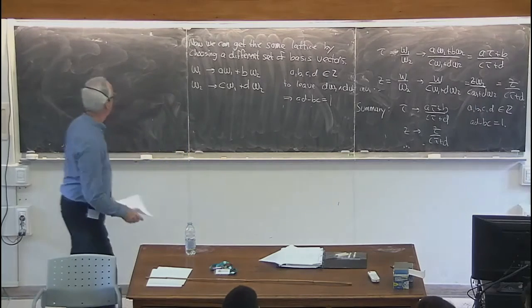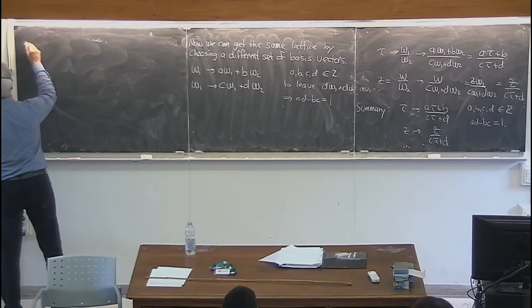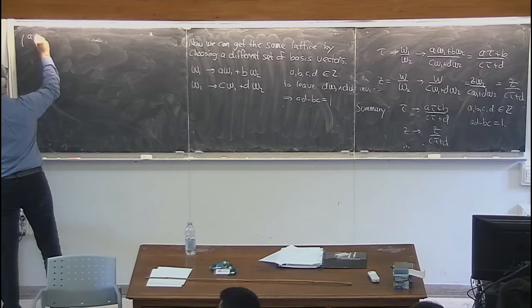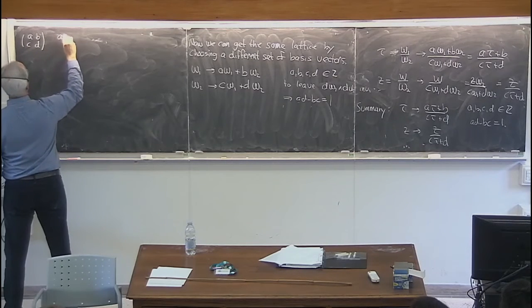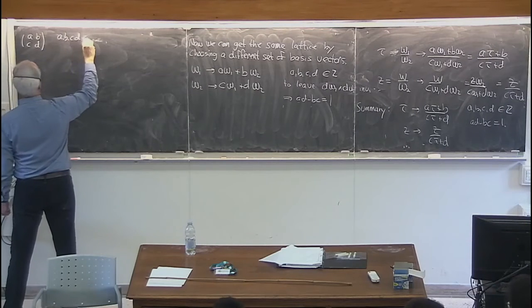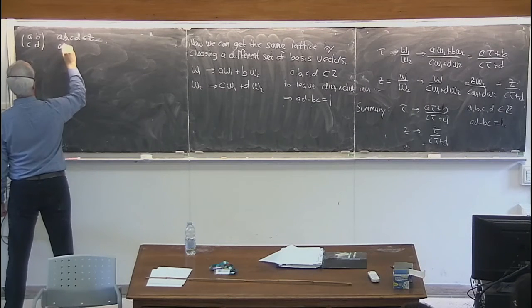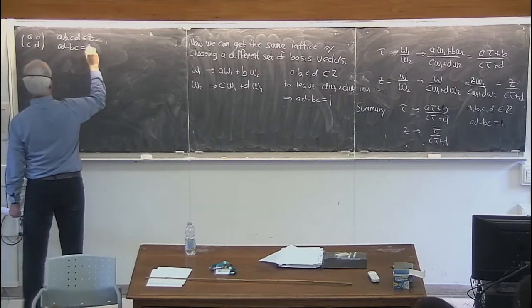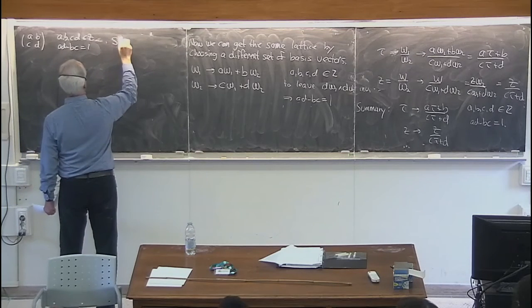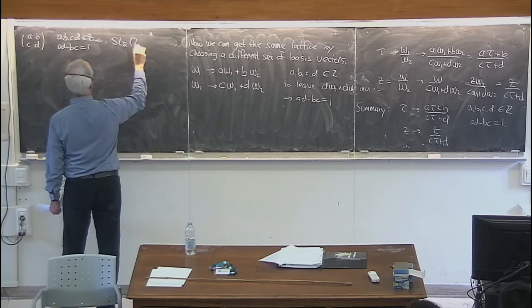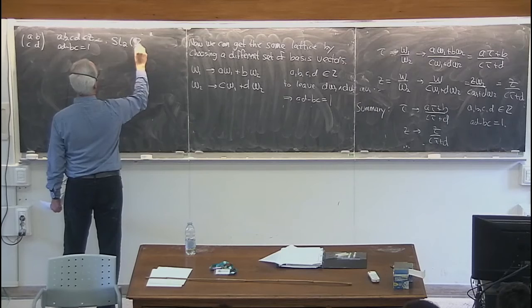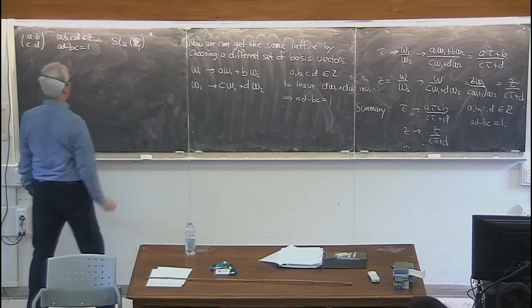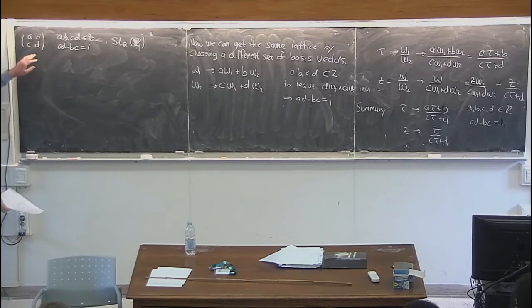So this group of transformations, A, B, C, D, integers with AD minus BC equals 1, is called the group SL(2,Z), meaning it has integer entries, 2 by 2 matrices, and the S means that the determinant is 1, which is this condition on AD minus BC.